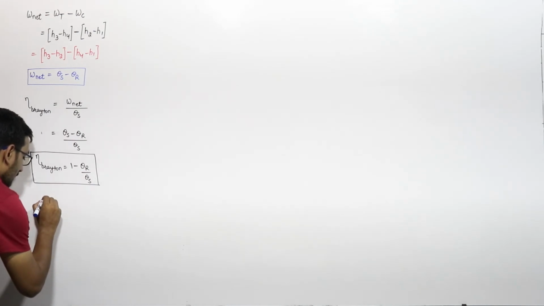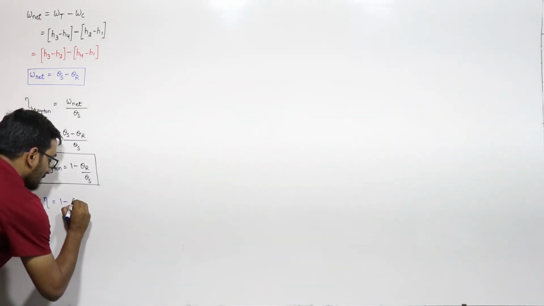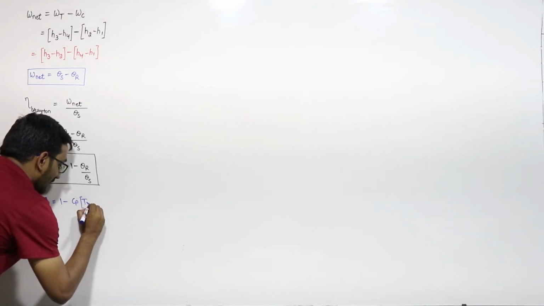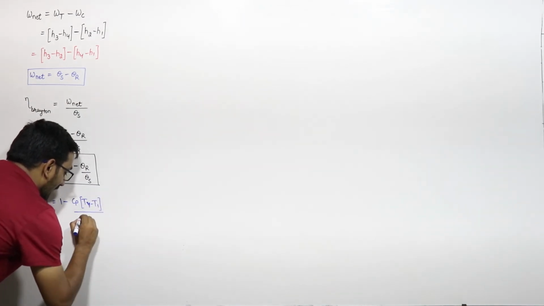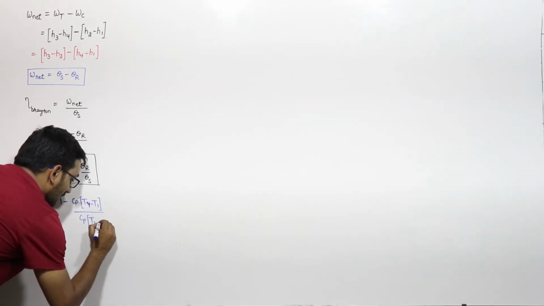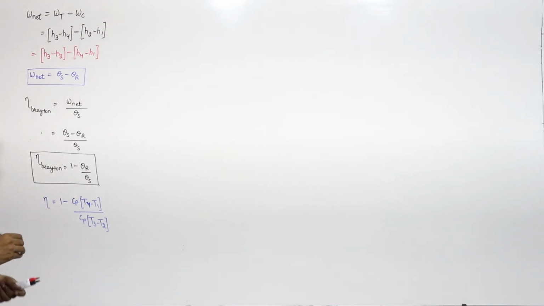Now if you remember, then the efficiency will be equal to 1 minus heat rejected, which is Cp into T4 minus T1, divided by Cp into, what is the heat supply? T3 minus T2. Heat supply is T3 minus T2, right?